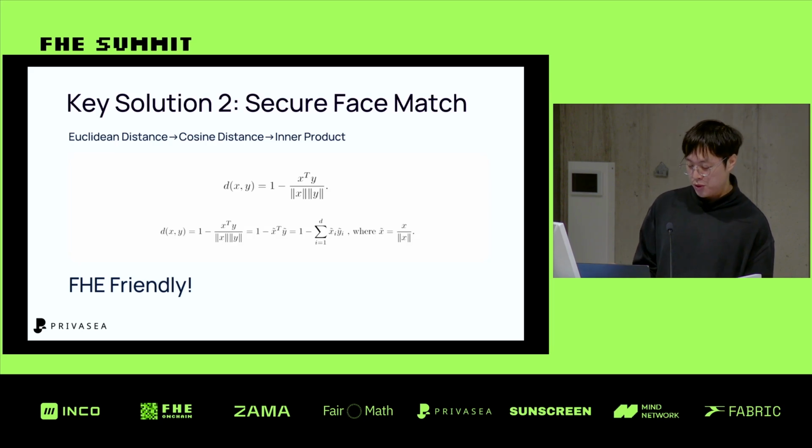So we retrained the models using cosine distance and calculate the cosine distance through inner product operation, like the second formula. And then the result is that we can achieve homomorphic facial recognition in seconds. If you use our application, maybe 3 seconds or 5 seconds.